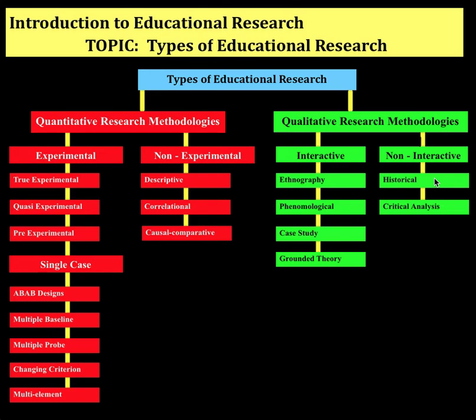And critical analysis, well, that is like an expository essay on almost anything, on any theory, critiques of movies, critiques of literature, any kind of critical expository analysis of a topic.